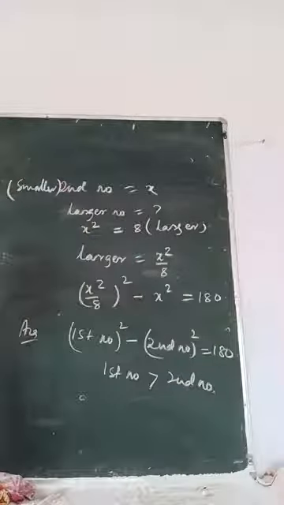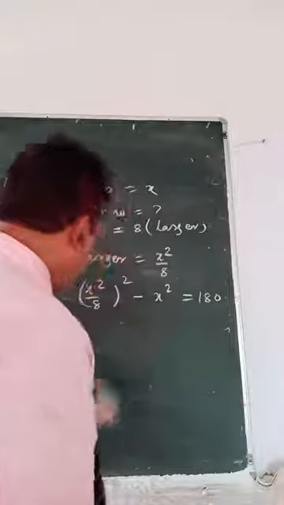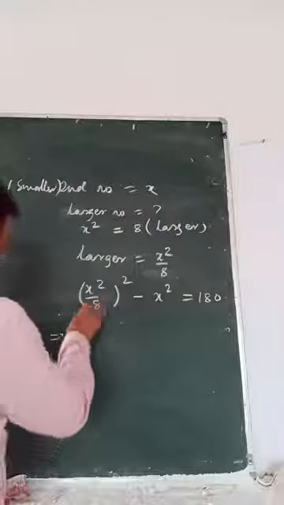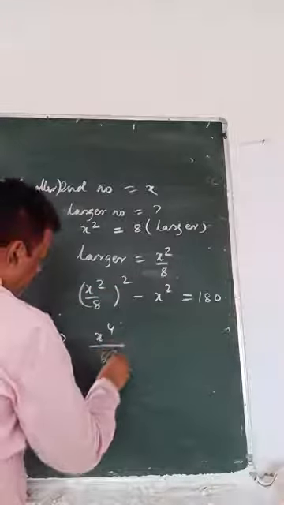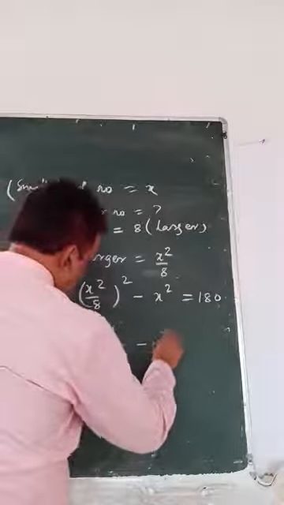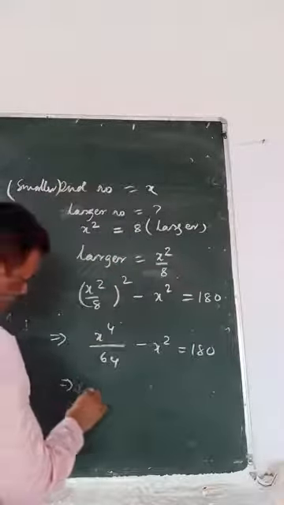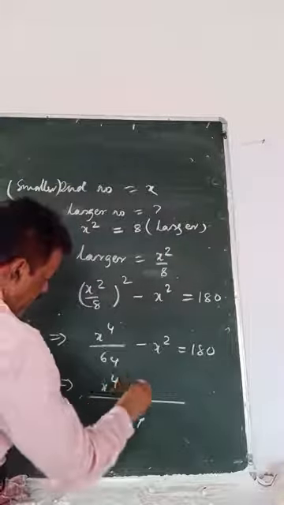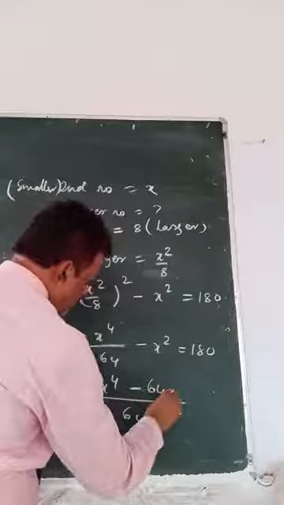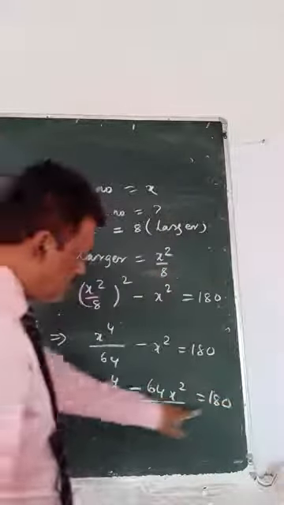Now we have to solve it. How to solve it here? If I square it, x square by 8 whole squared will be x to the power 4 by 64, minus x square equals 180. Now take the LCM, 64. This is x to the power 4 minus 64 x square equals 180. Now do cross multiplication.